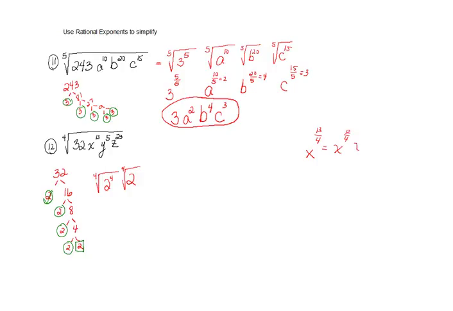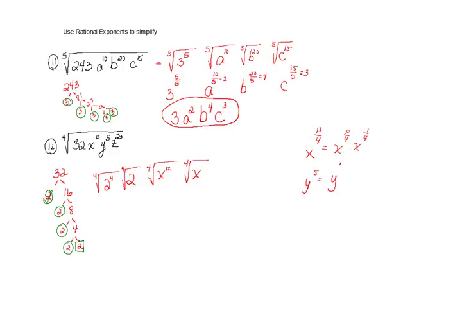So now I have the y to the 5th, which I can write as y to the 5 over 4. I can write that as y to the 4 over 4 times y to the 1/4, and then I can transfer that back into my radical notation as the 4th root of y to the 4th times the 4th root of y.